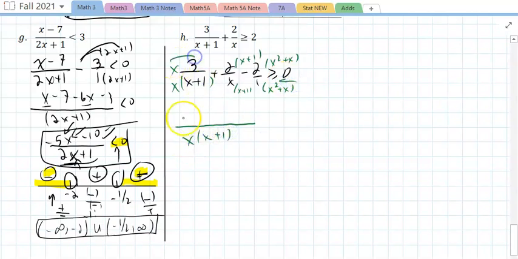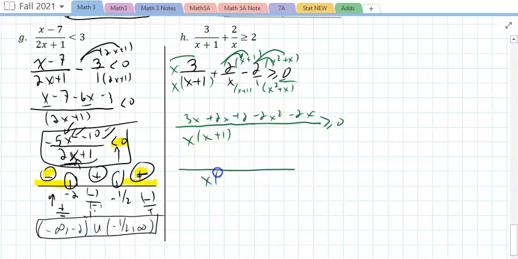The top will be 3x plus 2x plus 2 minus 2x squared minus 2x. What a problem. The denominator I'm just going to drag with me. As for the top, negative 2x squared. Those two cancel out.